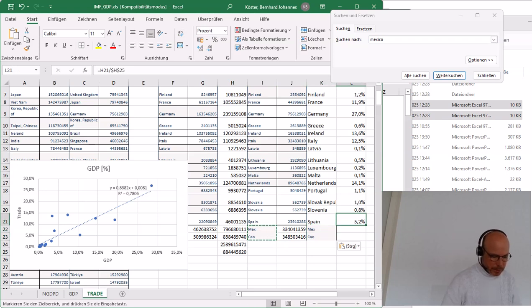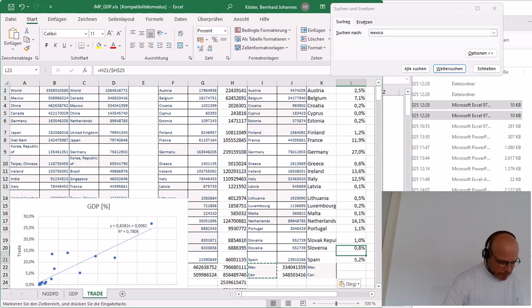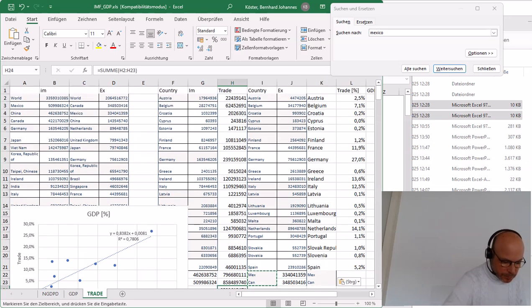Then we need these two, and now divided by 24.